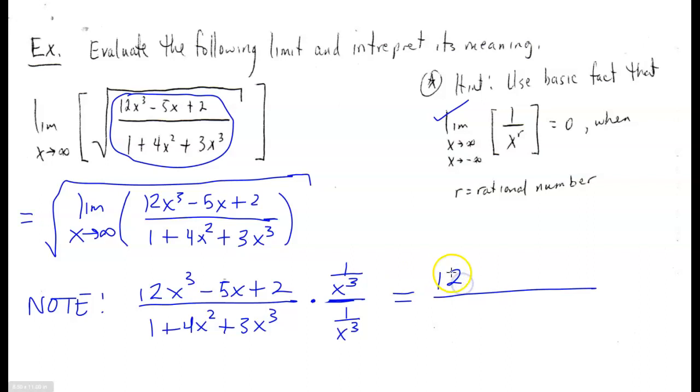If I do the same thing, negative 5x times 1 over x cubed, that's going to be negative 5 divided by x squared. And then, of course, the last term will just be 2 divided by x cubed. If we repeat this process in the denominator, I'll have 1 over x cubed plus 4 over x plus 3.